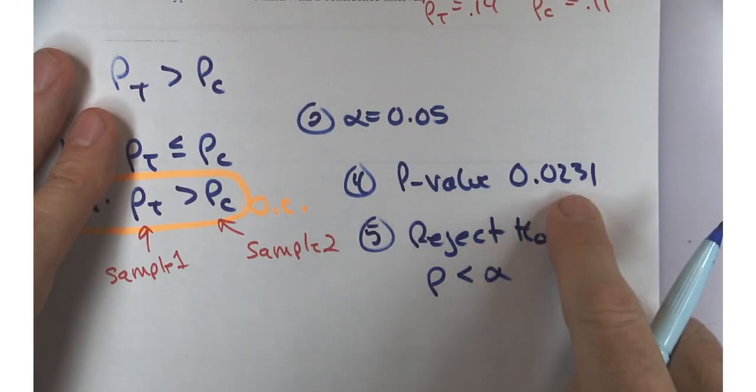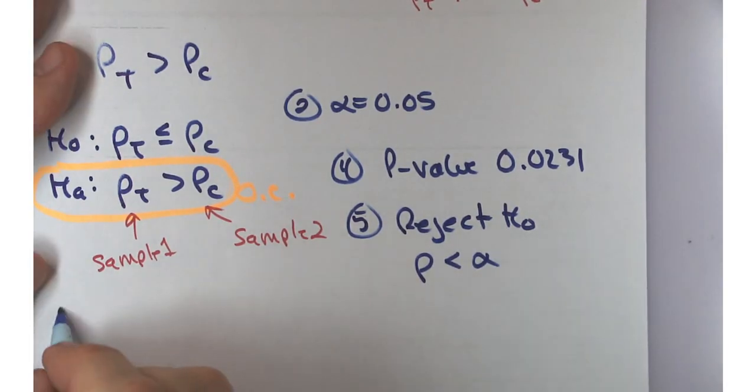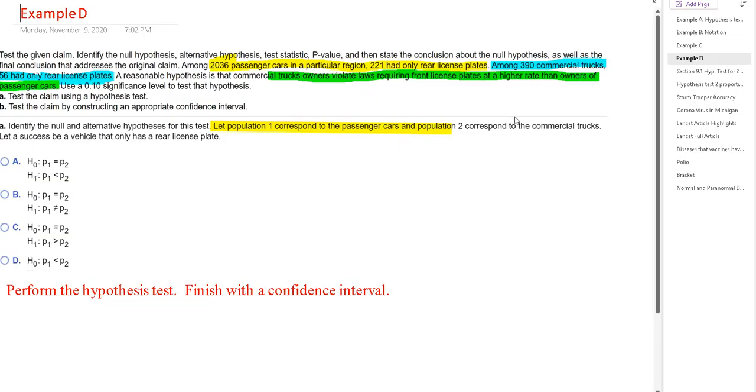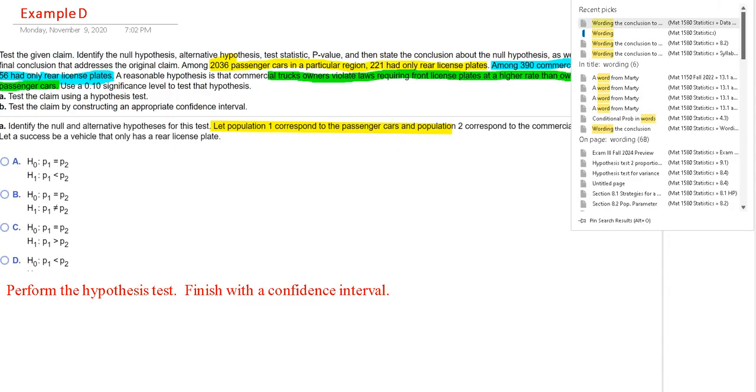Let's state our conclusion in words. Let's first of all figure out which format we're going to use. Now you're free to go a little bit off script. That's fine, but when your grade is on the line, I'd kind of stick closer to the script. So let's take a look at wording again.